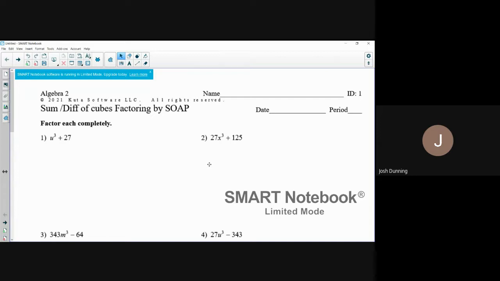So we're going to be thinking about numbers like 1 to the third is 1, 2 to the third, 2 times 2 times 2 is 8, 3 to the third, 3 times 3 is 9, times another 3, 27. 4 cubed, 4 times 4, 16, times another one, 64. 5 cubed, 5 times 5 is 25, times another one, 125.